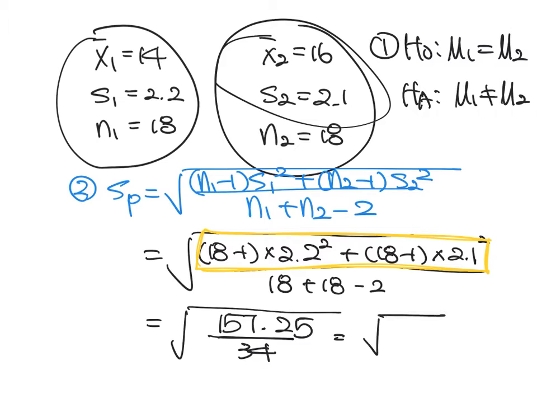Then can you give me the ratio inside of the square root? 157.25 divided by 34 is 4.625. Now please take the square root of it. 2.15 will be the pooled standard deviation.